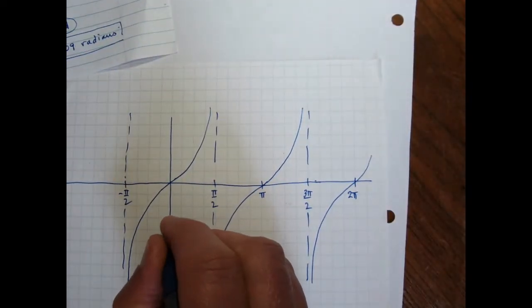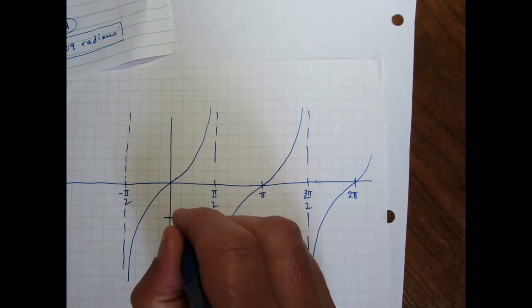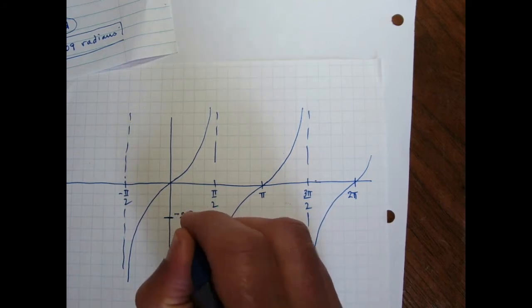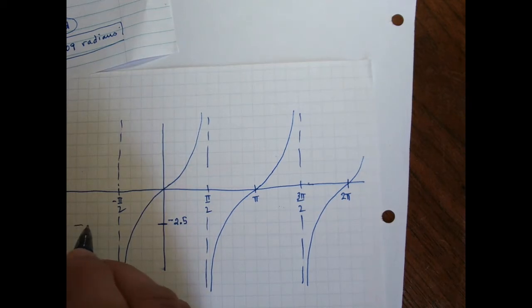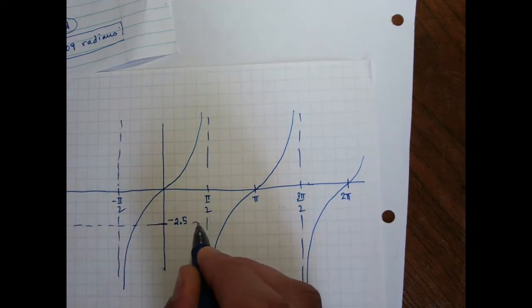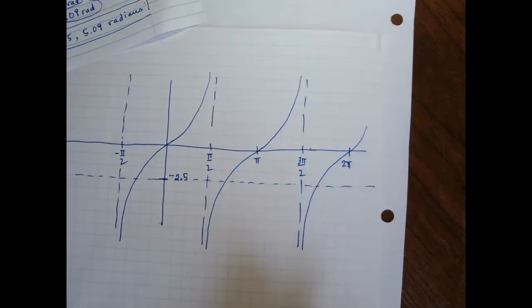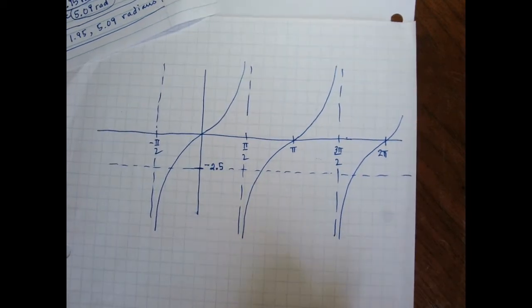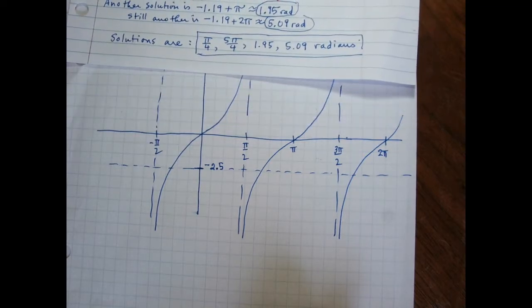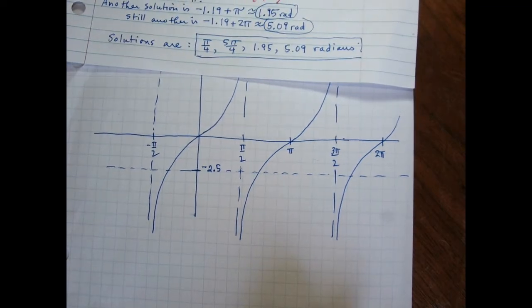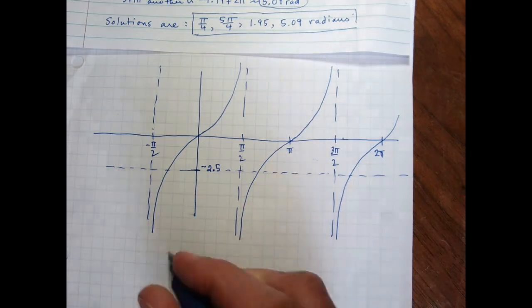I'm just going to say, suppose it's right here, negative 2.5. Now, if we move horizontally across, we hit all the points on this graph with y-coordinate negative 2.5.